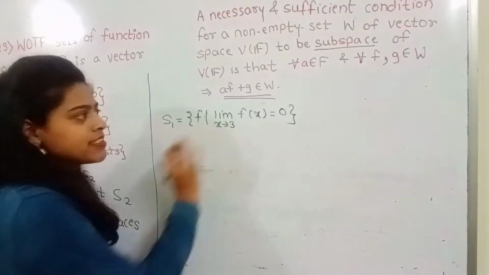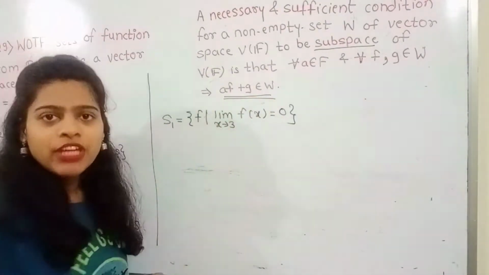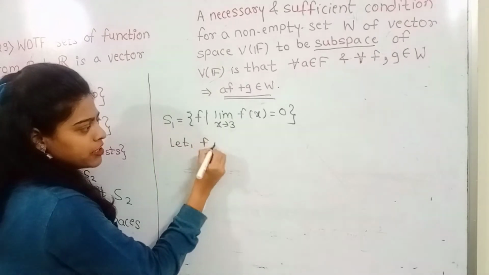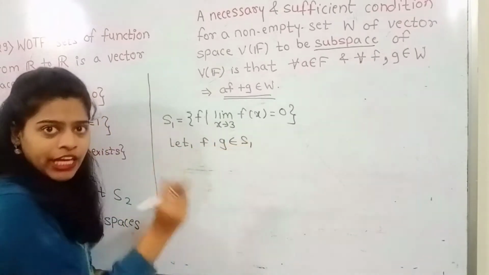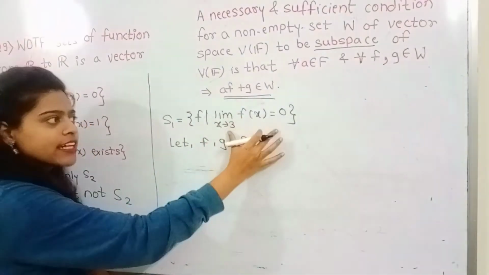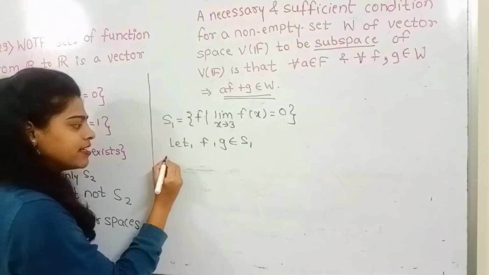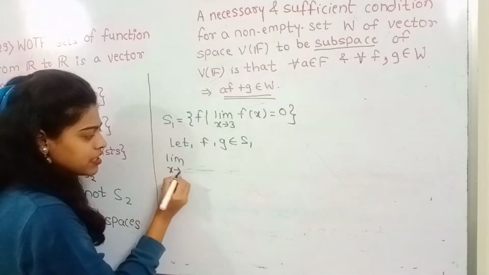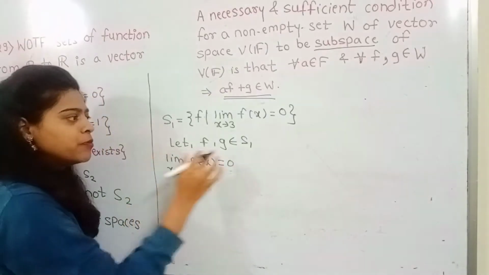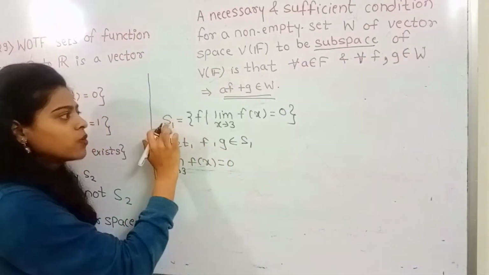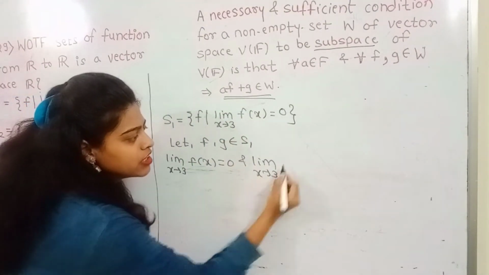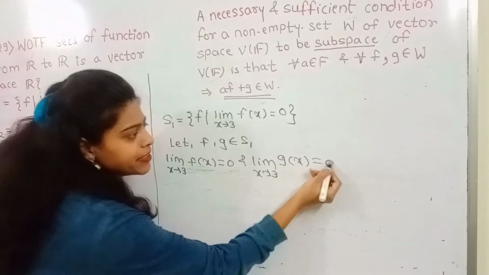So this is our first set. To check this condition, we have to consider two functions, that is, let f, g belong to S1. If f belongs to S1, then limit x tends to 3 of f(x) is equal to 0. Similarly, we assume that g belongs to S1, then we get limit x tends to 3 of g(x) is equal to 0.